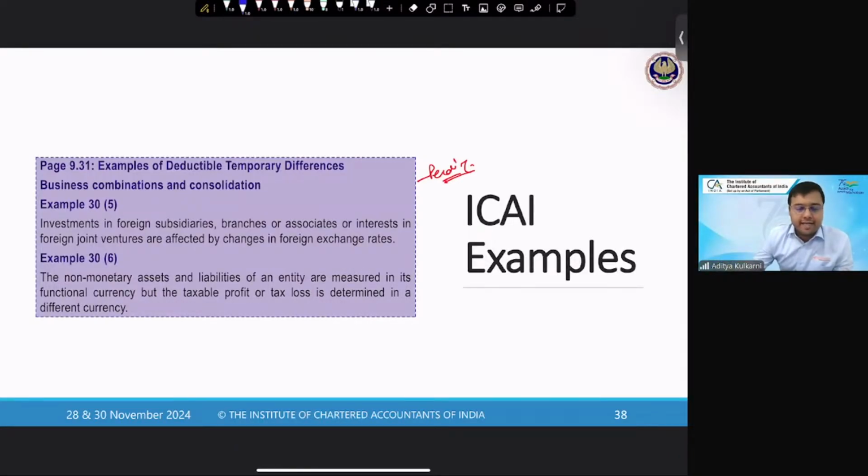One is for Ind AS, one is for tax. Pass entries in both. Then you look at the carrying amount, look at the tax base, compare and identify whether it is a taxable temporary difference or a deductible temporary difference. If you identify that much, that is more than sufficient for you to work on your understanding.